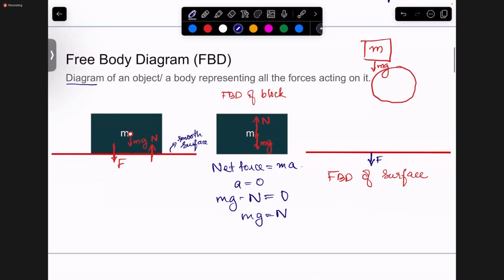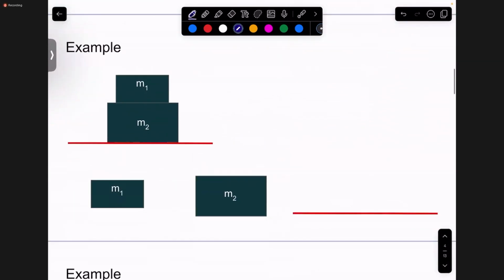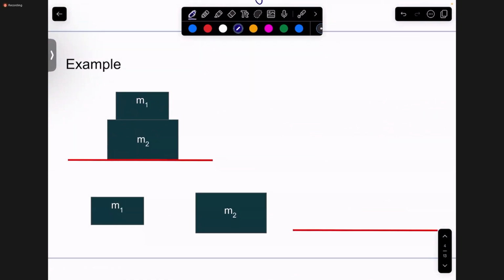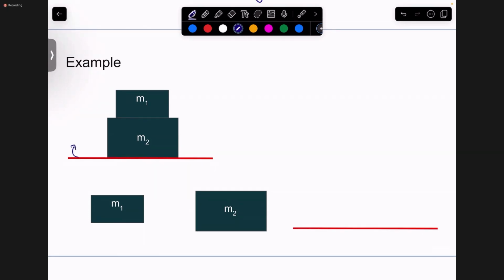Now let's see some examples of how to draw the FBD of some arrangements. Okay. So how to draw this? Let's imagine there is a block on a smooth surface. So this is a smooth surface.